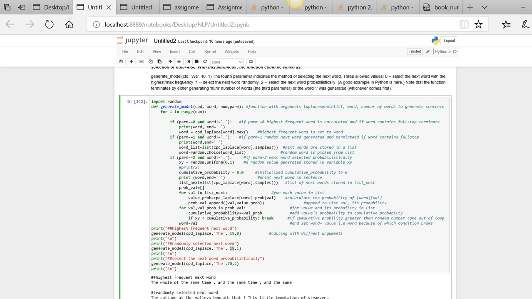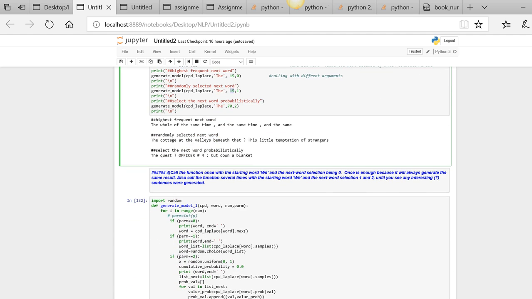I loop over those words and their probabilities, and each time I add the probability value to the cumulative probability. Whenever xy, the random number generated, is less than the cumulative probability, I come out of the loop and take that word as the next word randomly.